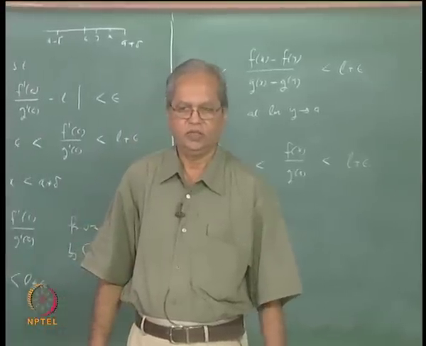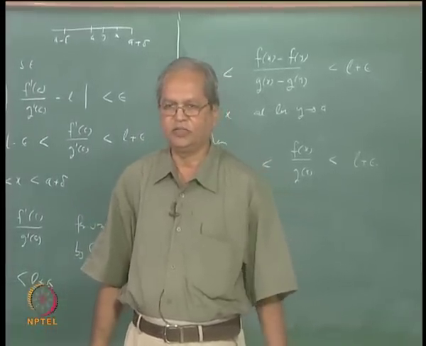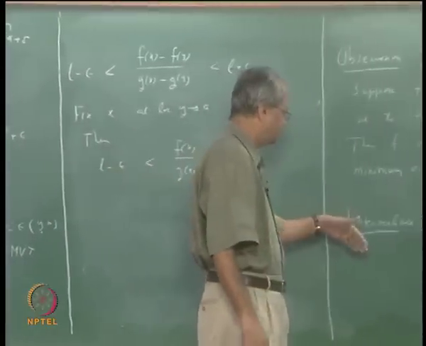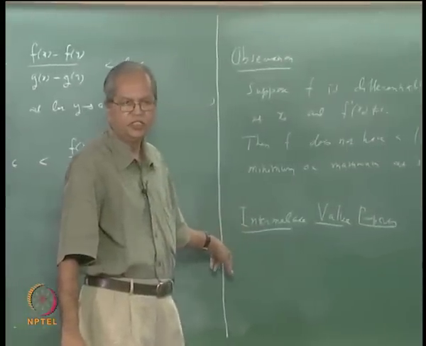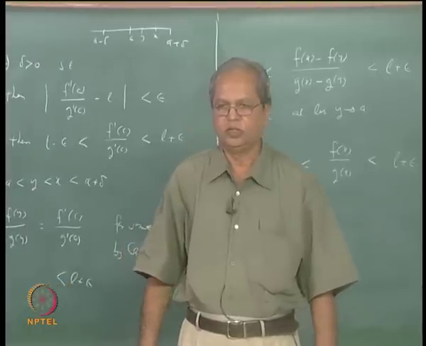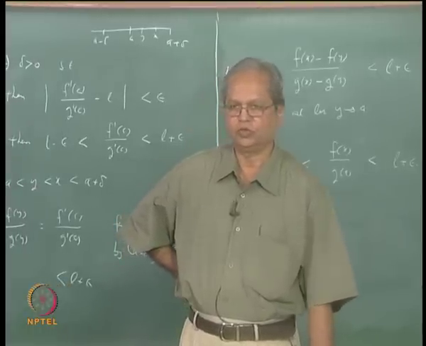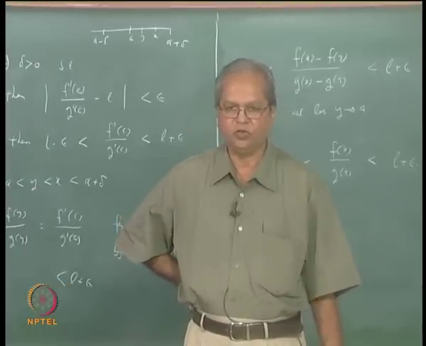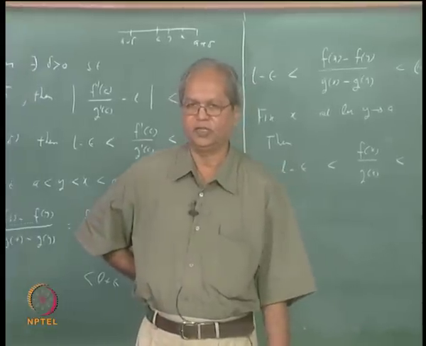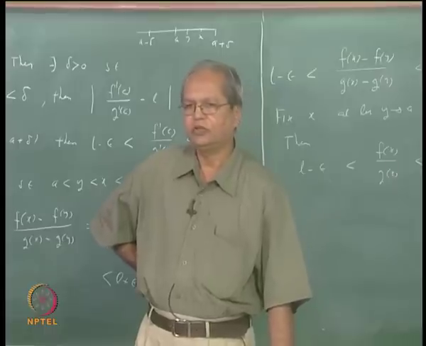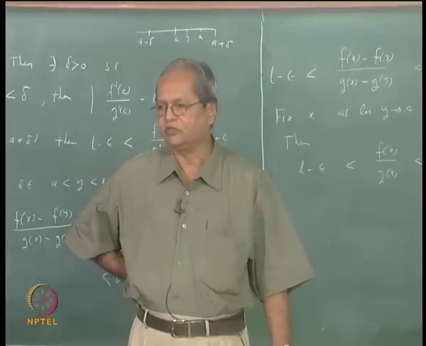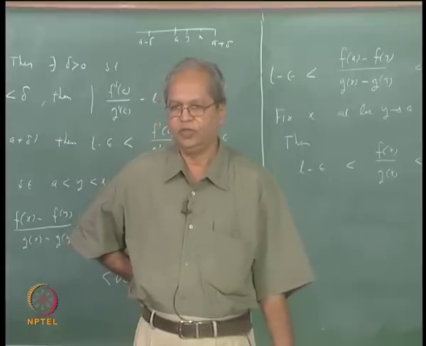And in the real line, the only connected sets are intervals. So if you define a real valued function on a connected set, then its image must be an interval. Once you say it is an interval, it means that if the function takes any two values, it must take all the values in between those two values. That is precisely what is called the intermediate value property. This property is there for real valued functions defined on a connected set, but it can be there for other functions also. And derivatives of functions are one such class. And that is what we will prove now.